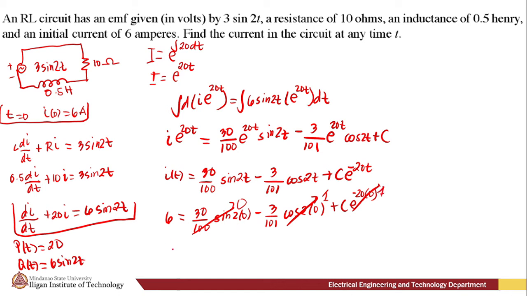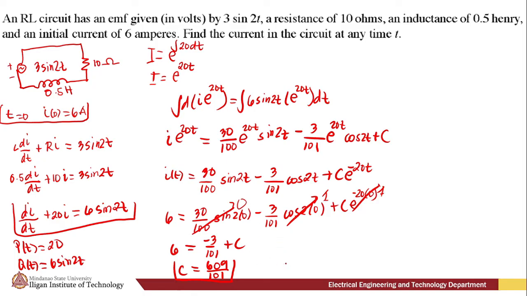Simplifying, we have 6 equals negative 3 over 101 plus c. Solving for c, we have c equals 609 over 101. This is the value of our arbitrary constant c.